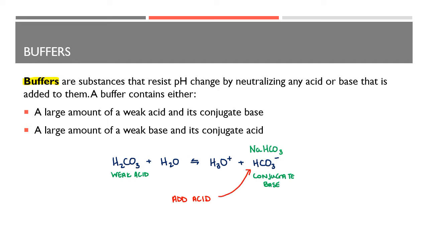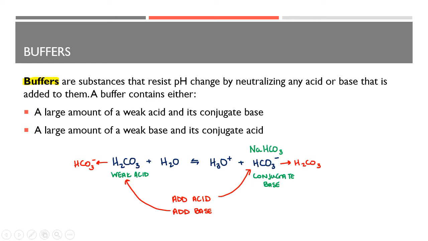Now, if we add acid to this buffer system, those H plus ions are going to react with the conjugate base to make more carbonic acid. If we add base to this system, it's going to react with the weak acid and produce that HCO3 minus anion.